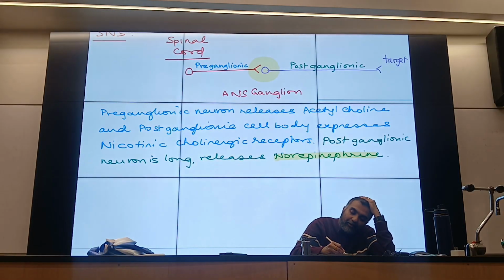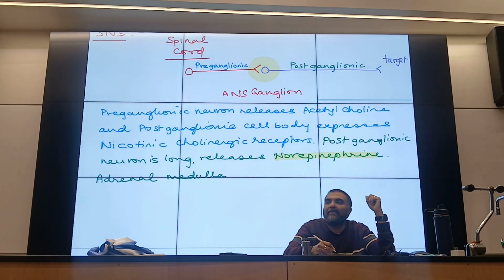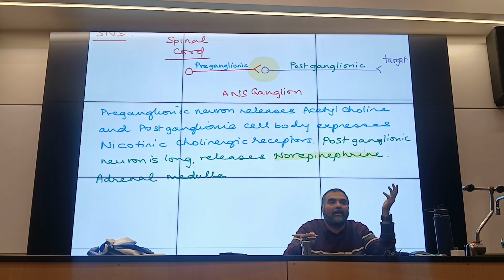Now the adrenal medulla is called an island ganglion. Adrenal: ad means on top of, renal means kidney. It's on top of the kidney. It's a little triangular organ.